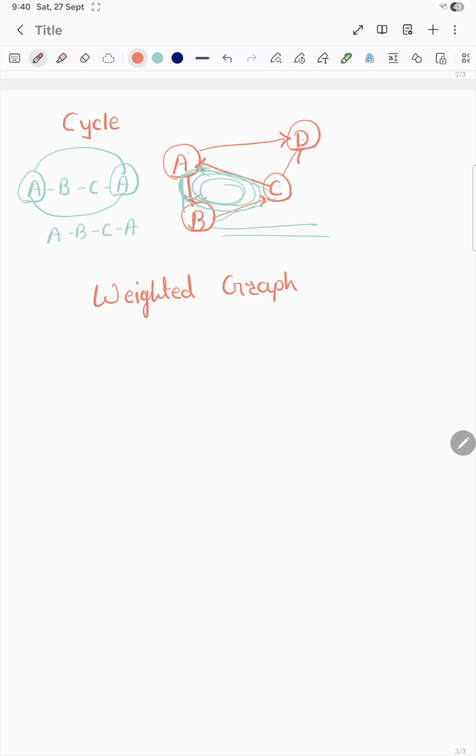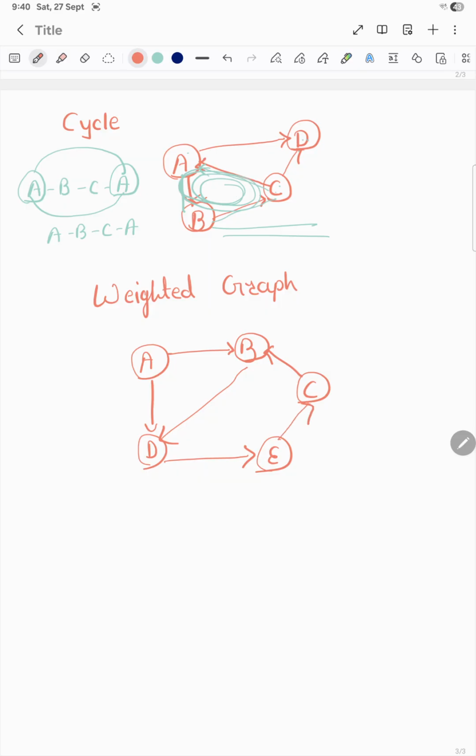So if I go for the directed graph, suppose I am having something like this, like A and B, then D, so I should have some C and let me add one more D, right? I'm just randomly doing this. And here if I label some values, this value represents different things.